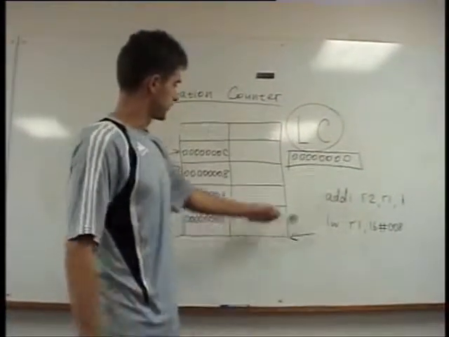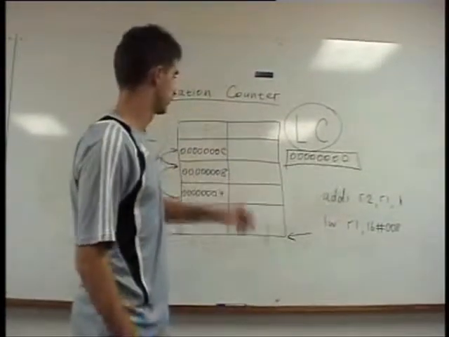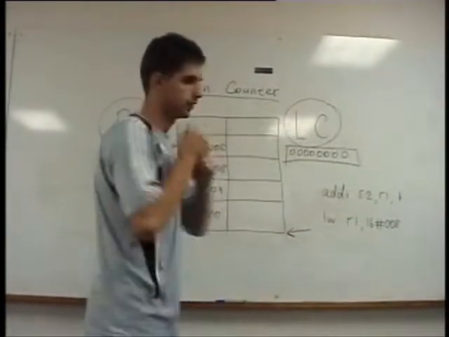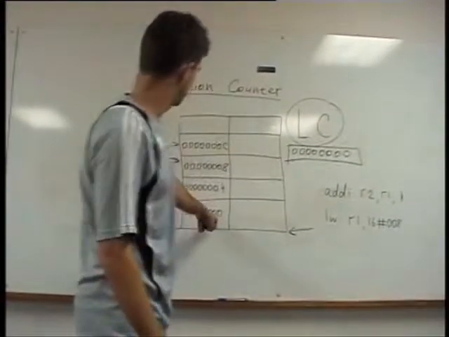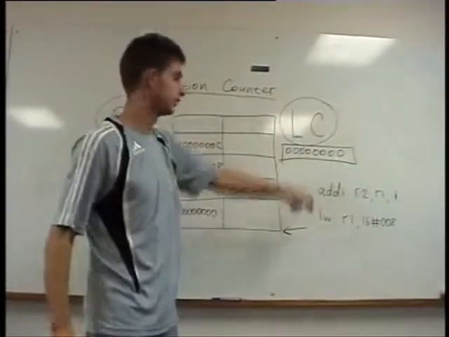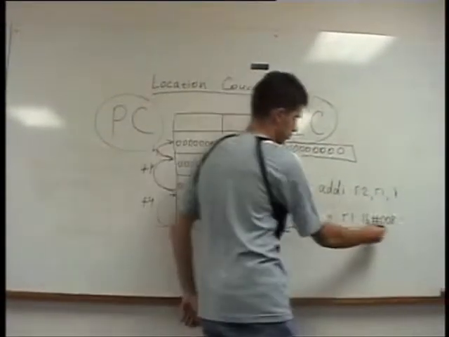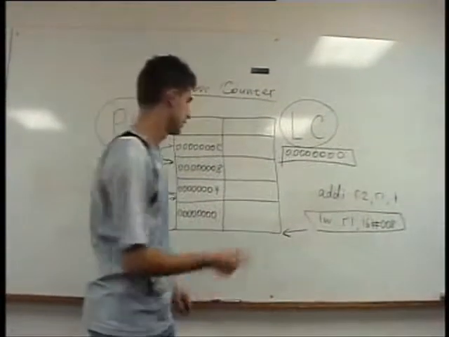Now let's say we have those instructions. That instruction's at location 0, that one at location 4. What is the assembler going to do during assembly time? The memory address 0 is going to be loaded into the location counter, just like we did there. And then this instruction essentially is going to be translated into hexadecimal values.